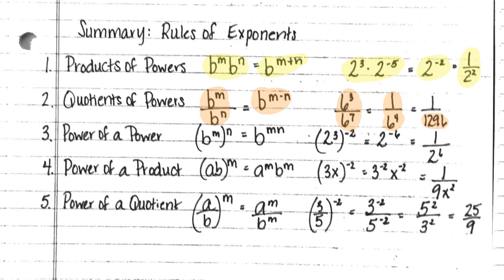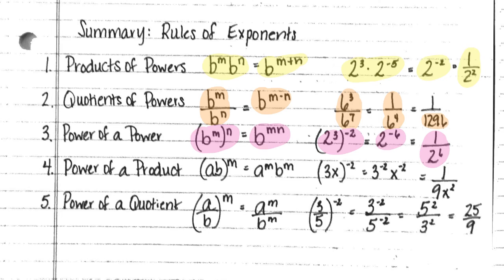All right, a power of a power, b to the m to the n, we multiply, b to the mn, and we did one just like this. 2 to the third to the negative second is 2 to the negative 6, which is 1 over 2 to the 6th.